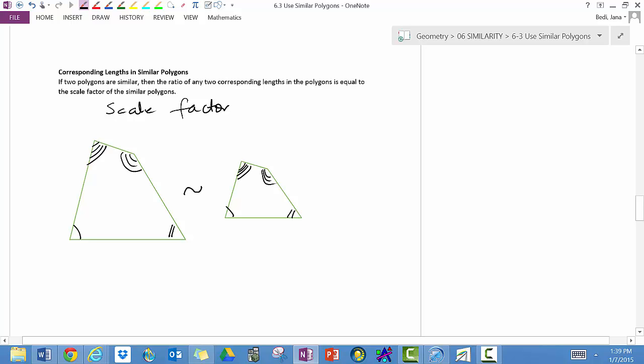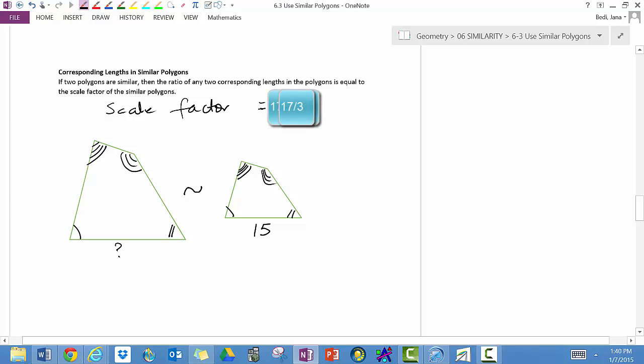So let's say you're given that the scale factor is 7:3, and that is going from the bigger one to the smaller one. So if we know that this side is 15, let's say we're given this is 15, what is the length of this corresponding side?